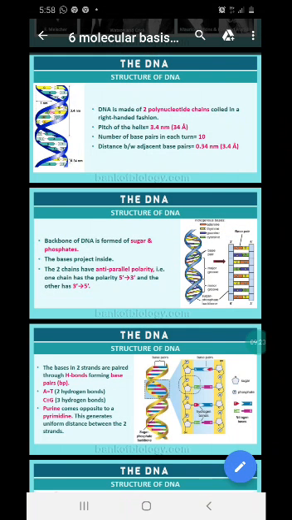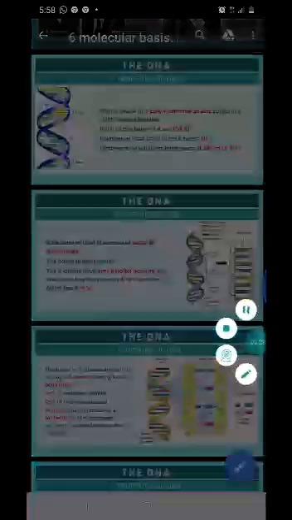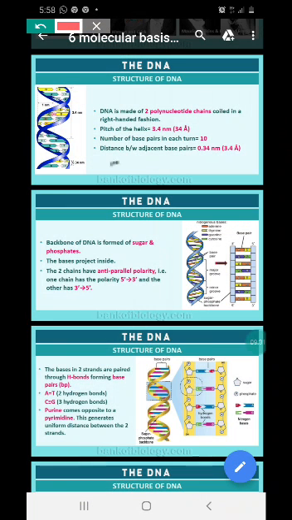Children, now you know that DNA is a long polymer of nucleotides, isn't it? On one end, there is a free phosphate molecule at the fifth position of the 5-carbon sugar.